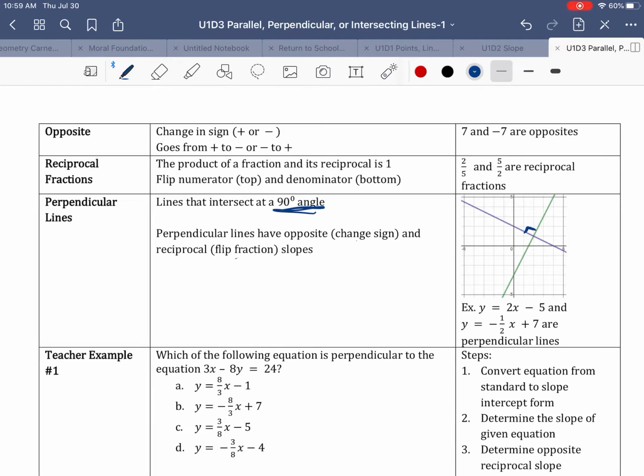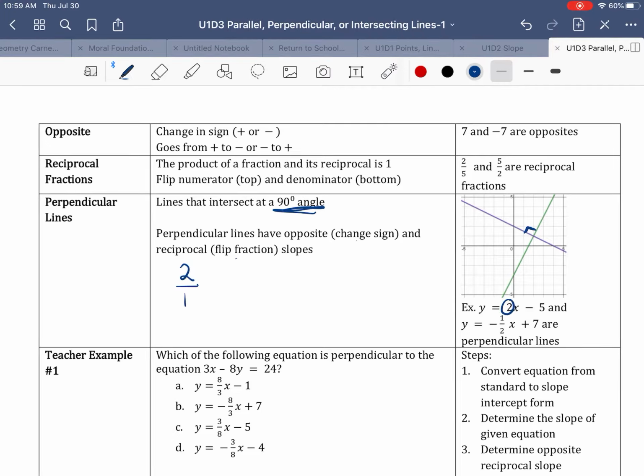So we need to think about what is their slope, we need to change the sign, and we need to flip the fraction, all right? So right here we have 2x minus 5 and negative 1/2 x plus 7. If we have a number like the number 2, in order to make that a fraction, you can always put it over 1, all right?